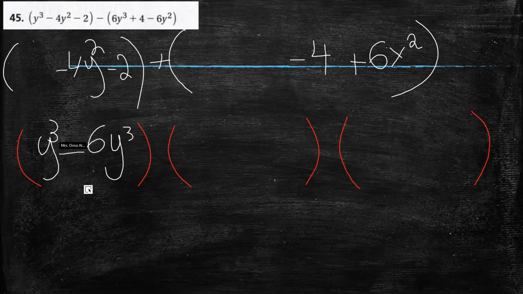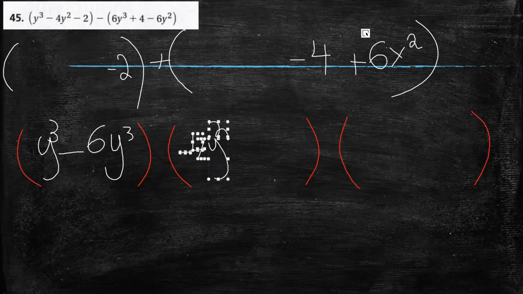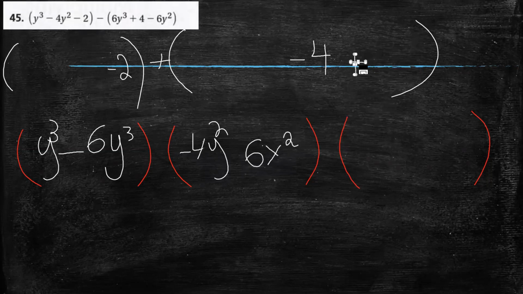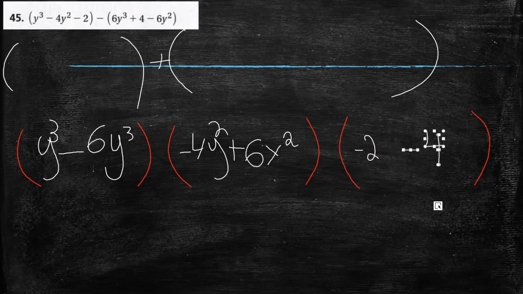This is for the first. The second one, negative 4y squared here, and 6y squared also here. And don't forget the sign between them. And negative 2 minus 4. And there's a plus sign between all of them.